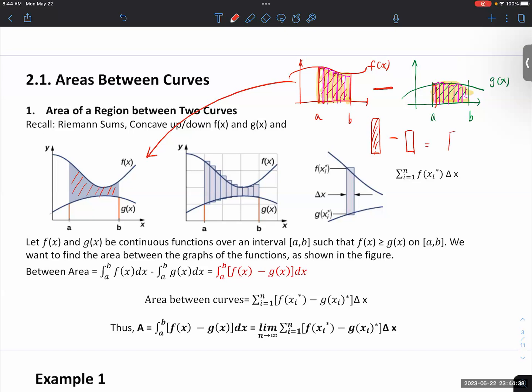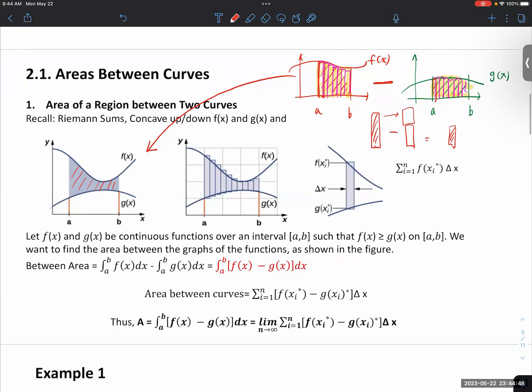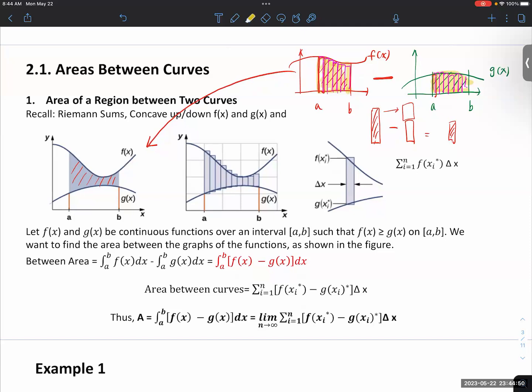You're going to have exactly the area between the 2 functions. Very understandable topic, right? The idea came from the Riemann sum, right? You have many rectangles under the f function minus many infinite number of rectangles' area under the g function. Subtract, you're going to find out the area that we are looking for, the area between.